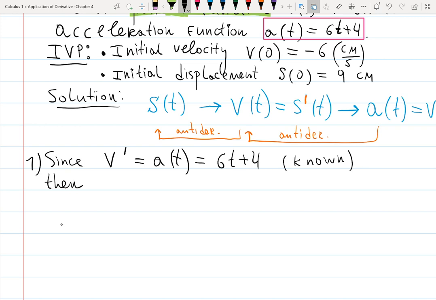Then, how to find v? V will be antiderivative or integral, right? Indefinite integral of a of t.